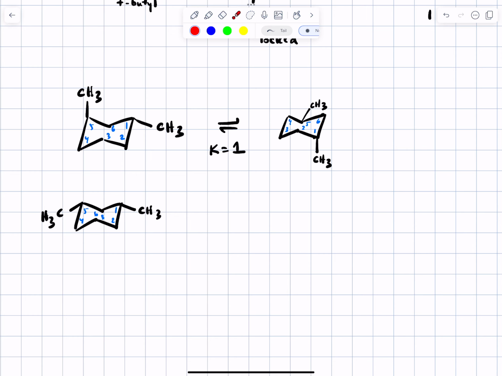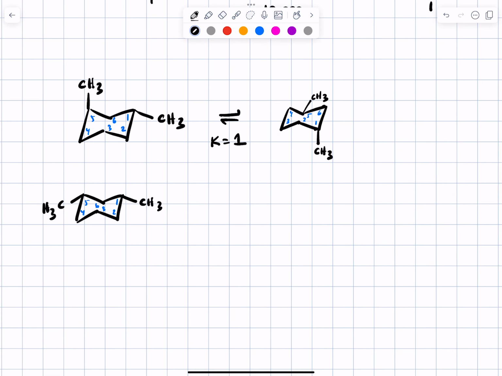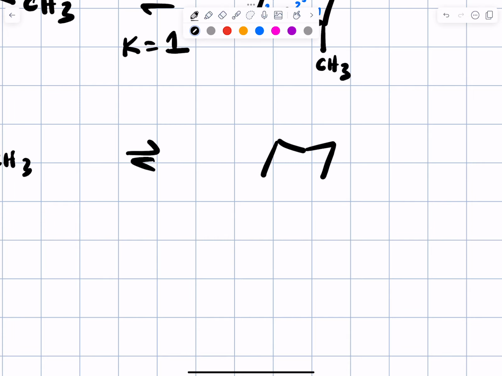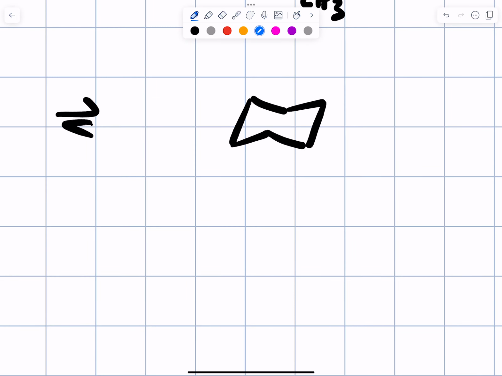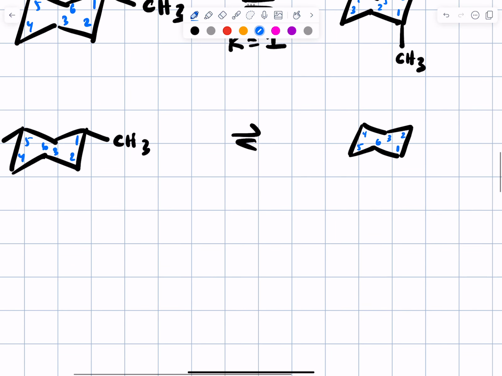All right, let's now do the chair below. Again, I won't walk you through this as slowly as we did the one above, but we'll renumber the ring. I will mention that when you renumber the ring, switching where the carbons are up and down positions, it's important that you number the ring in the same sense.